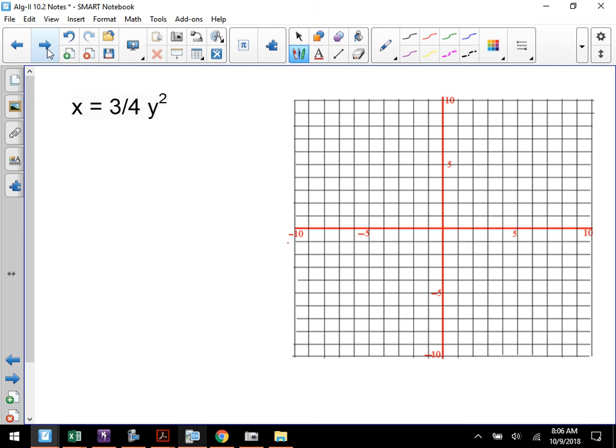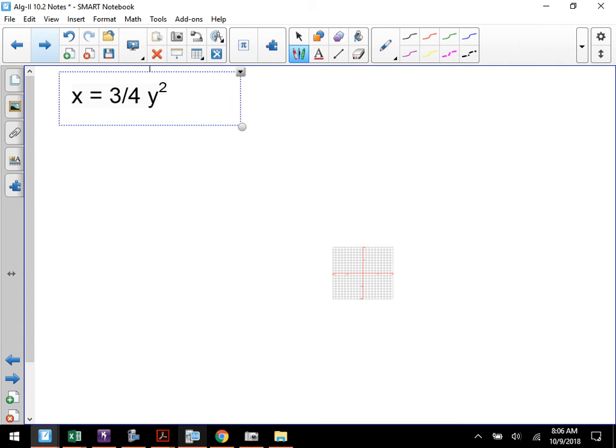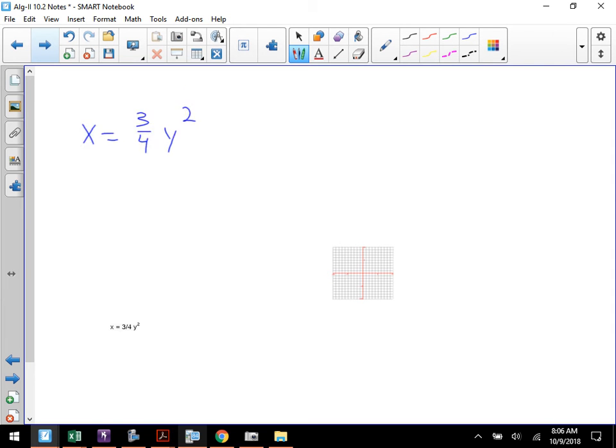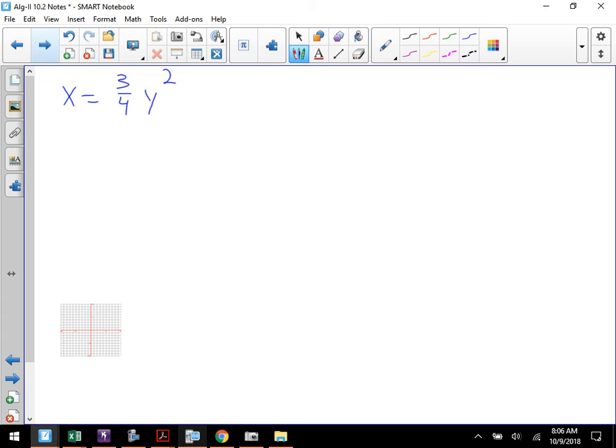All right. Okay, let's try another one. So we have x equals 3/4 y squared. I hate slashing fractions. I apologize for it. Is this an x squared or a y squared parabola? It's a y squared. Is it positive or negative? So what direction should this open? It should open to the right. Okay, cool.